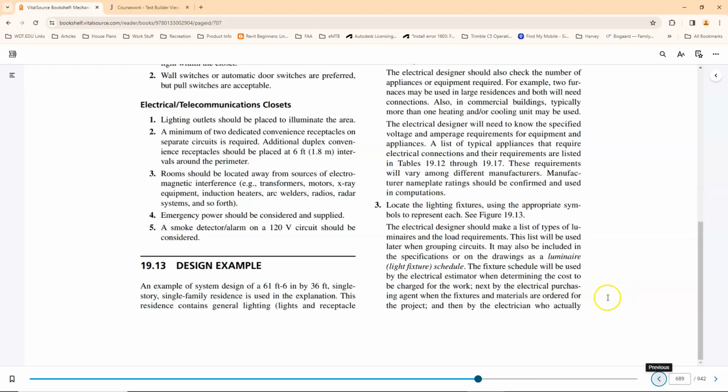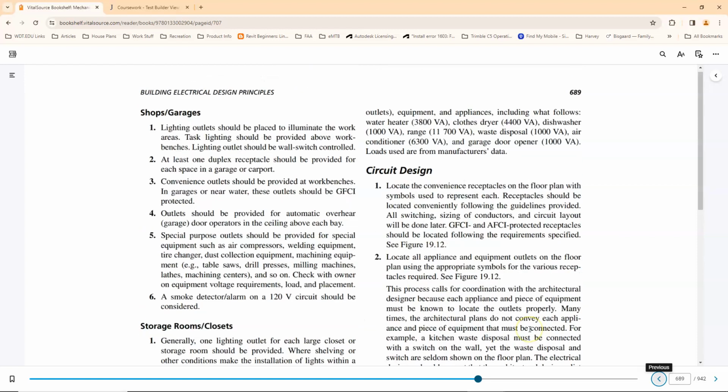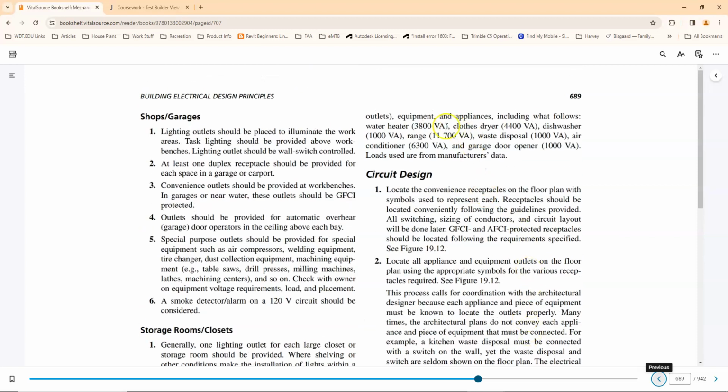This is starting on page 689, section 1913, and it's talking about an example of a system design of a house that is roughly 61 feet by 36, single story, single family. The residence contains all the normal things we would expect, lighting and receptacles, and then equipment and appliances including what follows.